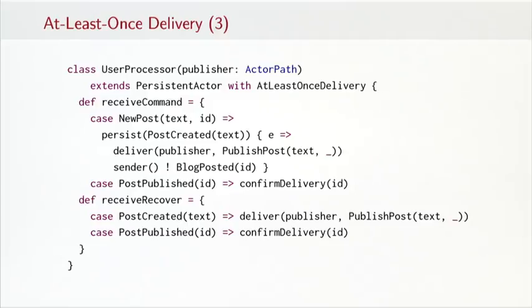Of course, the at-least-once delivery trait is smart enough so that it does not actually start sending the outstanding events or commands. It waits until recovery is complete. So deliver and confirm means putting it in the list of things to be resent and taking it out again. And only what is still outstanding after recovery finishes will then be sent to the publisher.